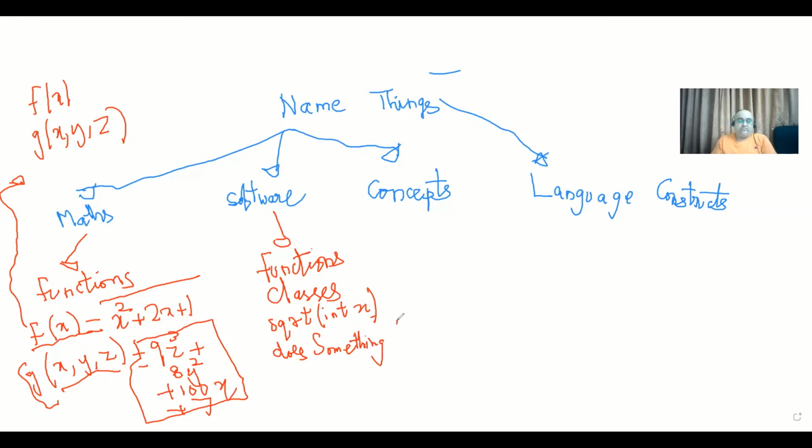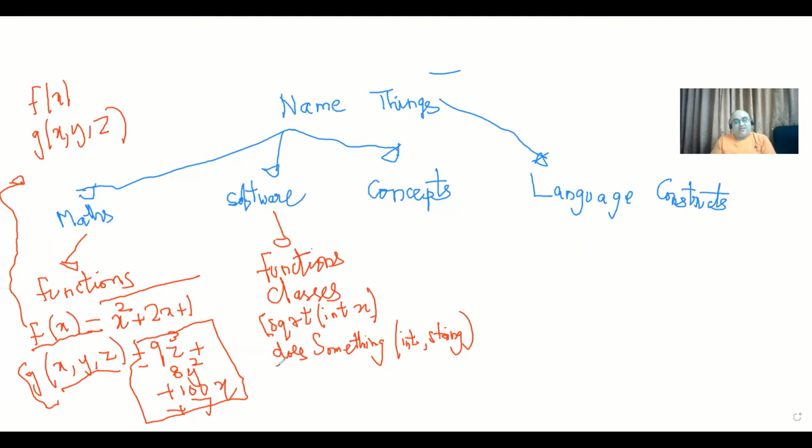Whose constructor takes an input of an integer and a string. So what really is this? The square root. This is a name. That's all about it. Its implementation hides the detailed behavior behind that name.